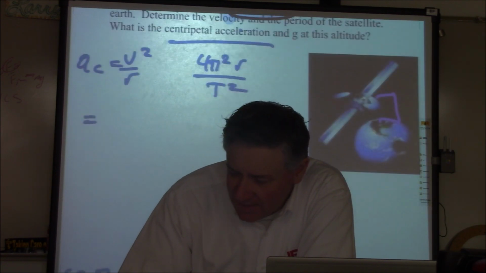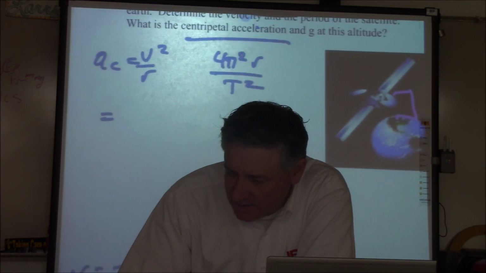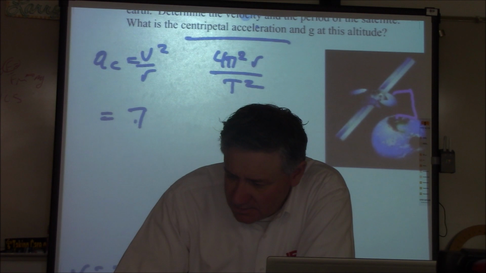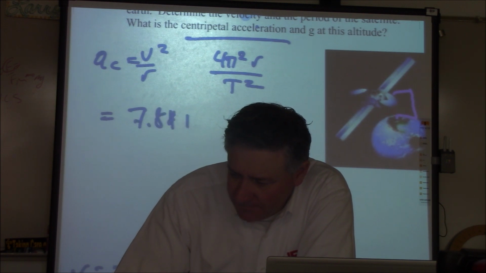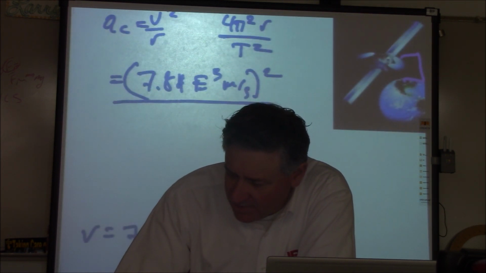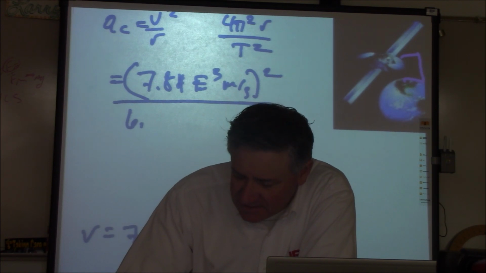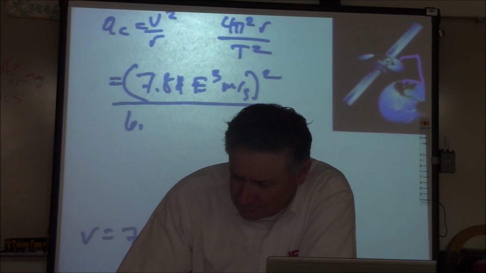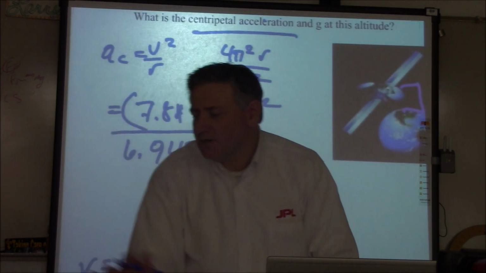So, I've got that velocity, which we said was 7.84 e to the third meters per second, and that's going to get squared. And then what was that radius? 6.9433 e to the 6th meters.